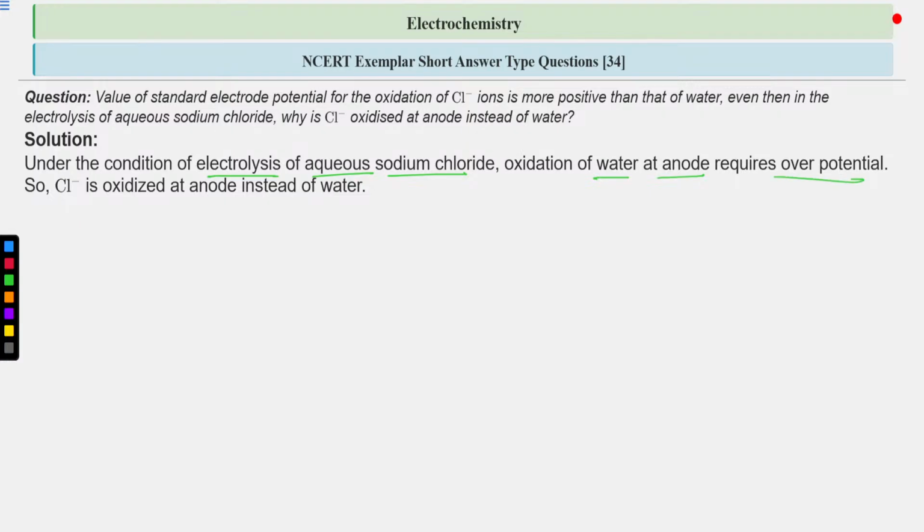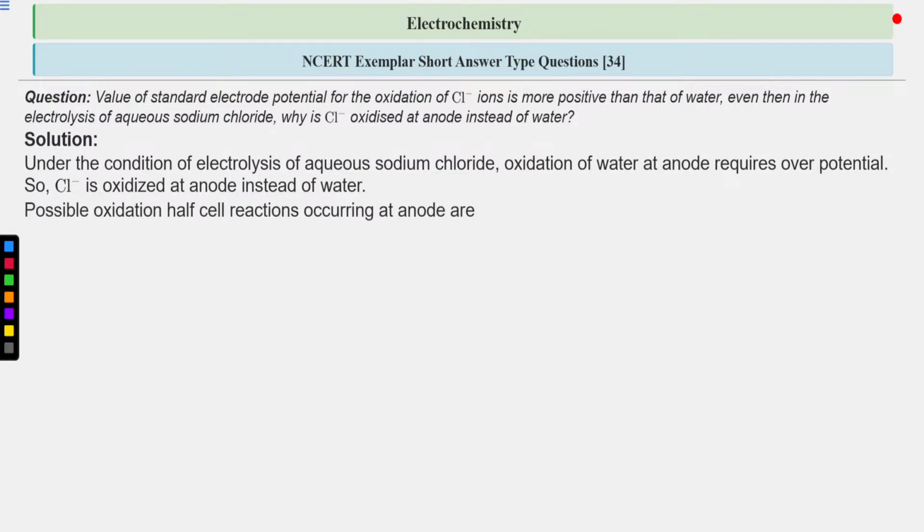When you do the electrolysis of aqueous sodium chloride, if oxidation of water happens, it will need an overpotential. That means you have to provide extra potential to perform the oxidation of water at the anode. So chloride ion is oxidized at the anode instead of the water molecule.